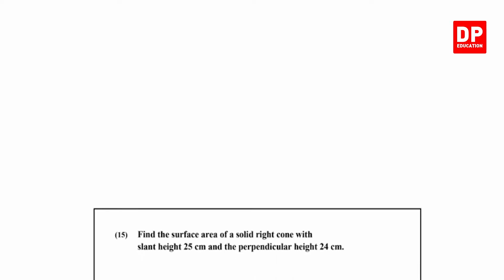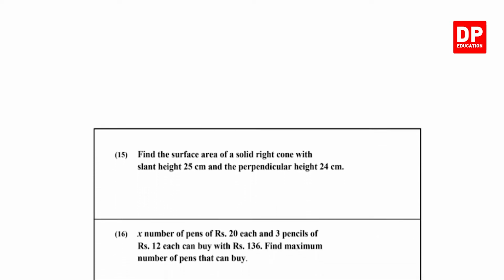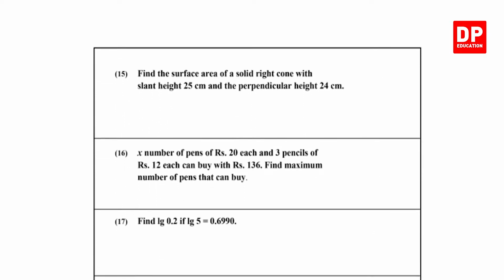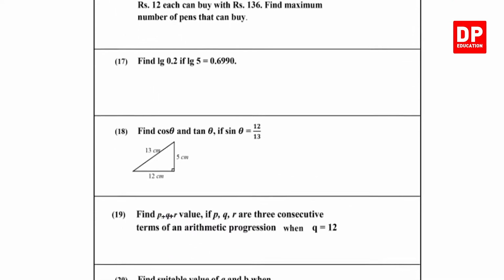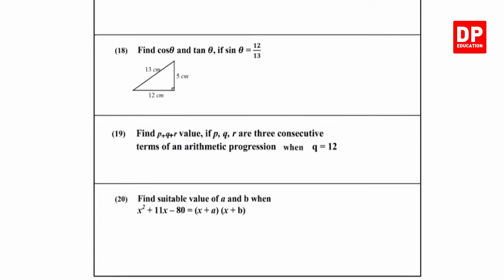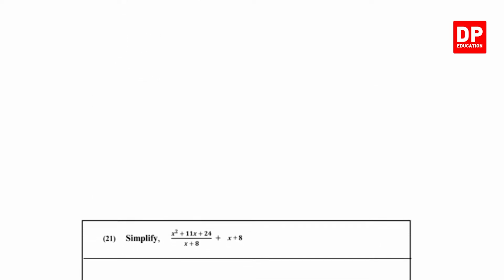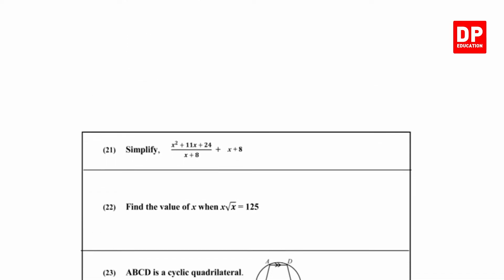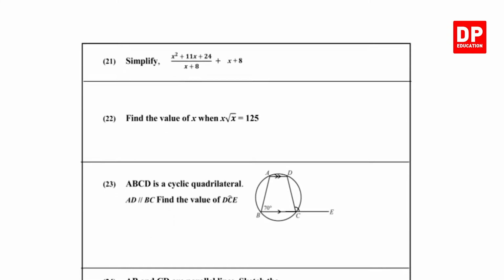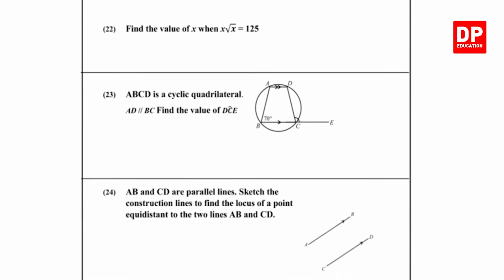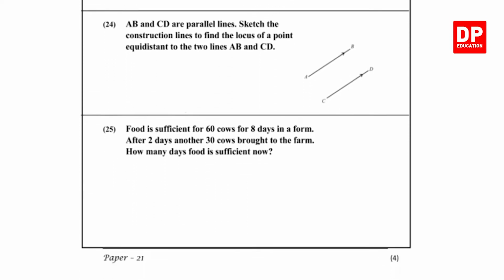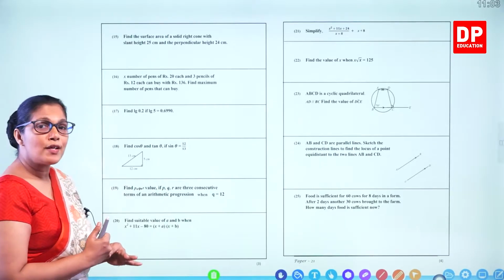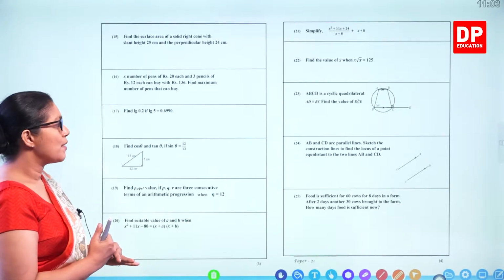Page number 3, you get 15, 16, 17, 18, 19, 20. Page number 4, you get 21, 22, 23, 24 and 25. So do all the questions first and look at my video.